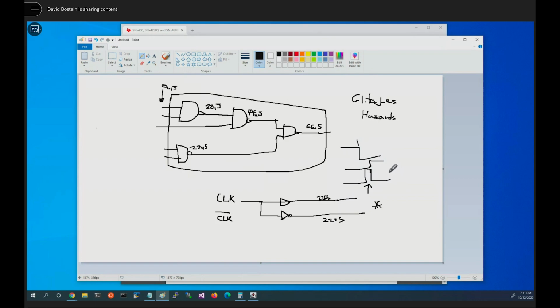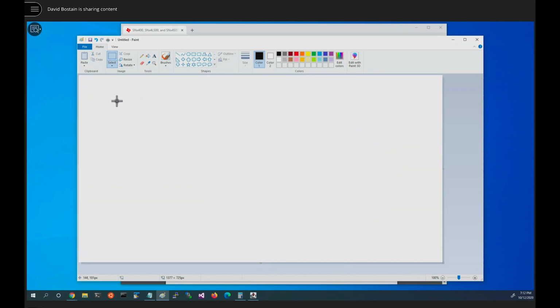Now, there's some other signals involved when we're using a clock. Let me get this off the screen for a second here. We're going to pay particular attention right now just to this edge of the clock right here.